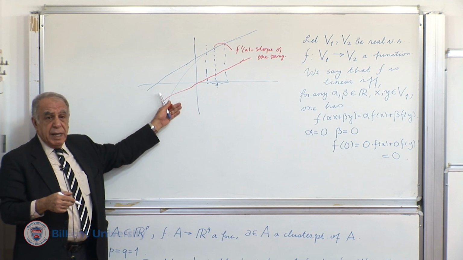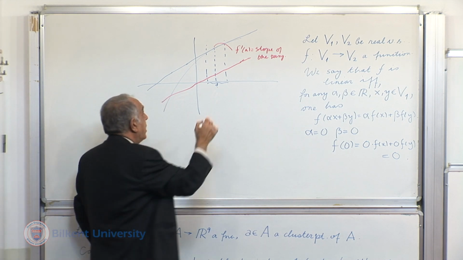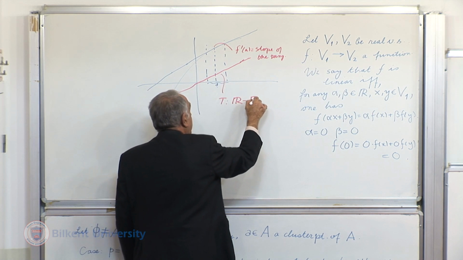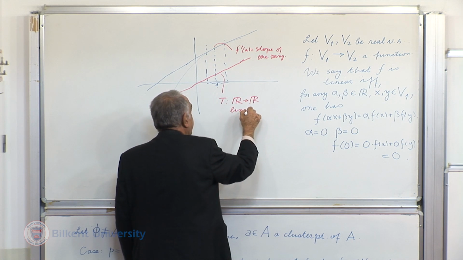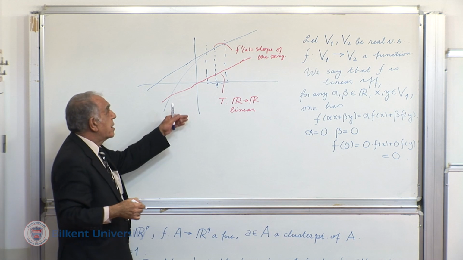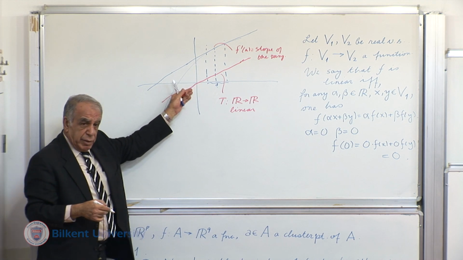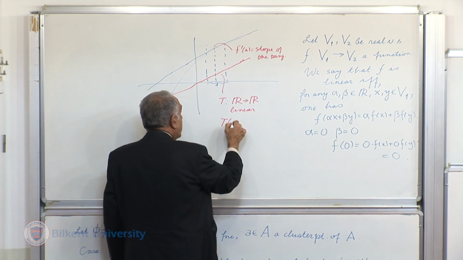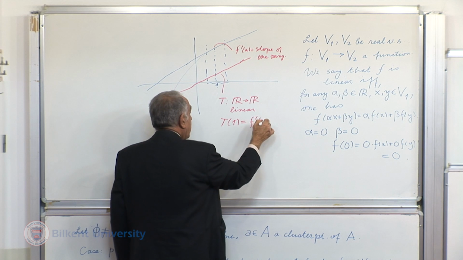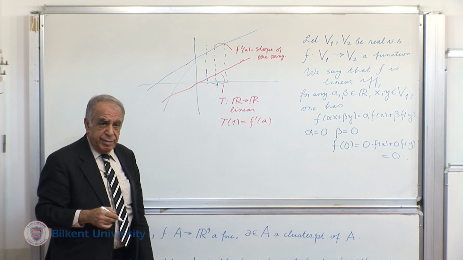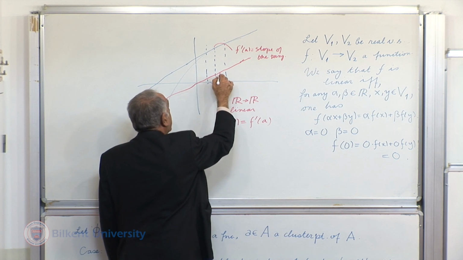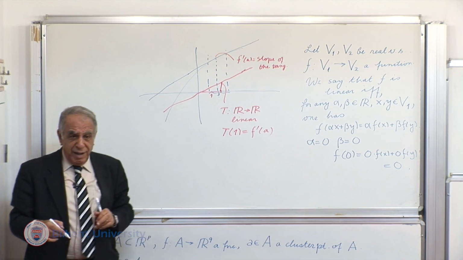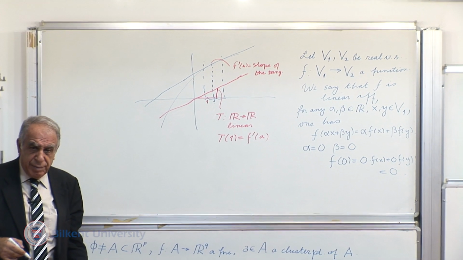Now this will be a linear map T on R to R, is linear. And what's the slope? Well, F prime A is equal to the slope of this. But the slope of this, that's nothing but T of 1. Well, T of 1, because the slope is this divided by this, if this is 1, you just get the value of the function at that point. Okay?